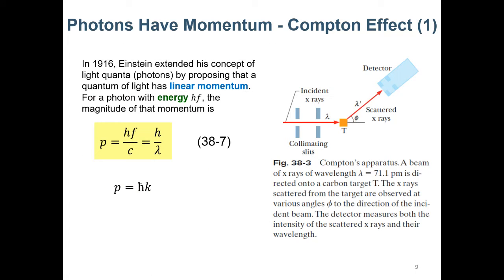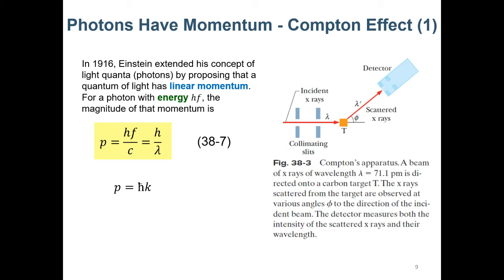So next, we talk about how photons also have momentum, and next is about the quantum effect. Einstein wrote three papers in 1905, and he used 10 years to finish general relativity in 1915.